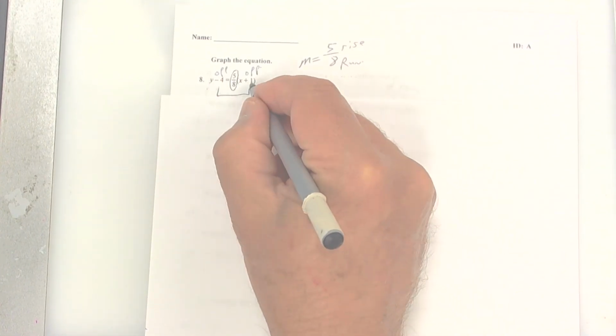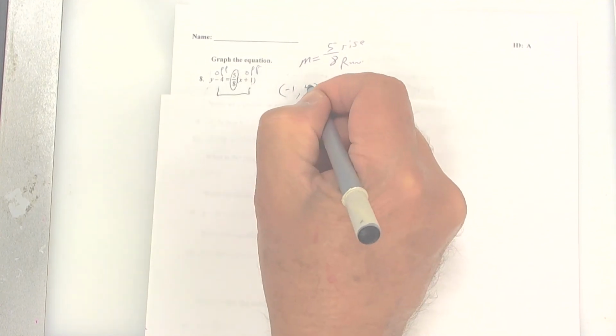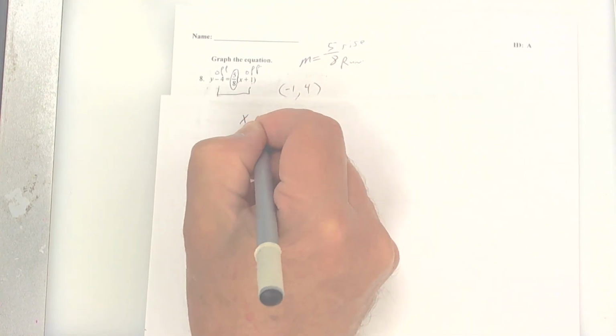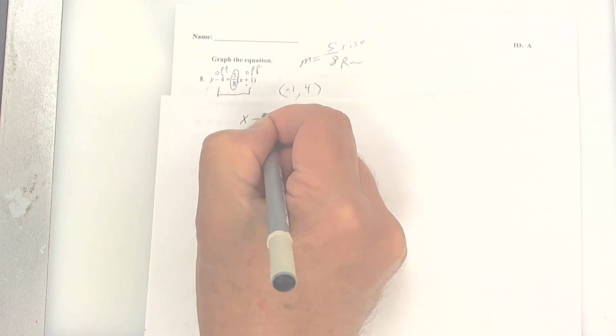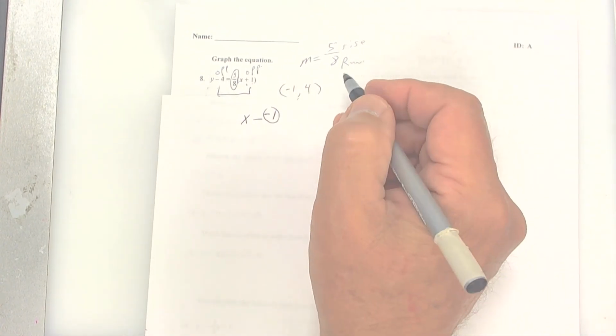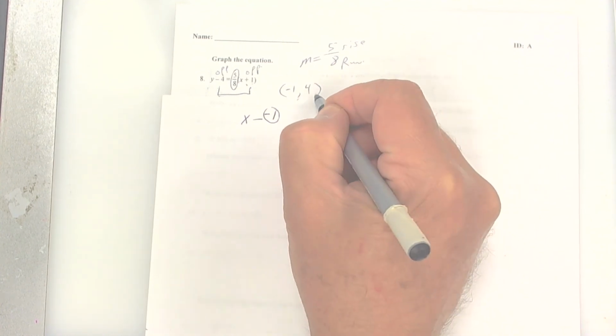So your x is the opposite of a plus 1, and your y is a plus 4. You might say, well, why is it? Because your formula is x minus something. In order for it to be a plus, it would have to be a negative 1. So just remember the opposite. So the point is here, and that's your slope.